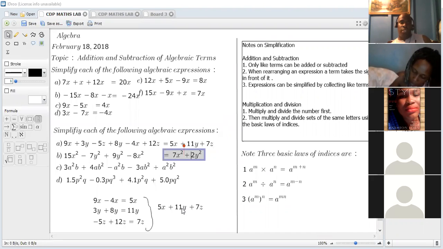No, don't take out the a. It's the coefficients you're really working with. When you're doing addition and subtraction of algebraic terms, you're only dealing with the coefficients, not the variables. You only use the variables to show the distinction. Is that clear?